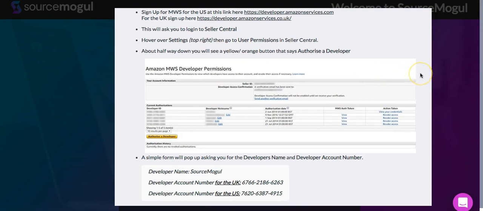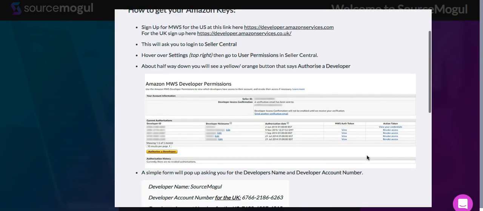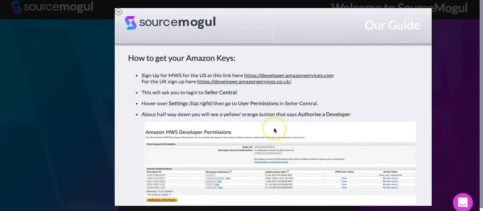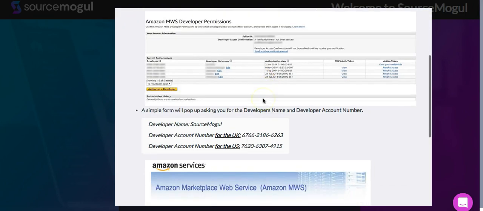They can't do anything to your account, and if you've ever signed up for any programs like this before, this is just standard. Any linked system to Amazon, like a repricer, they all ask for the same stuff. So I'm going to quickly show you what to do. You can read the walkthrough here. Basically, you go into your Amazon account, and on the top right-hand side there is settings. You click on settings, and click user permissions.